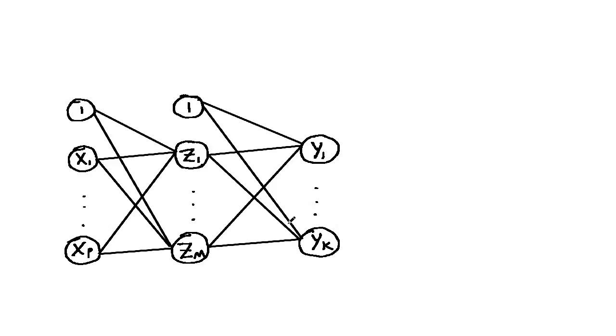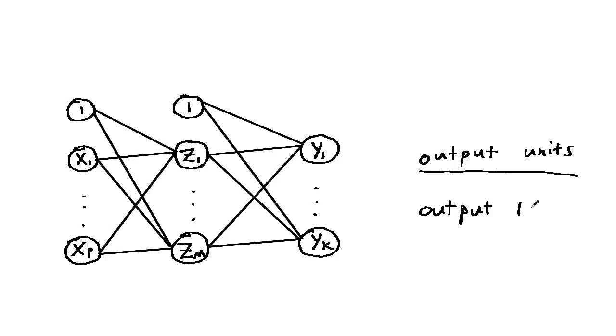The y sub k are called output units, and together they form the output layer of the neural network.